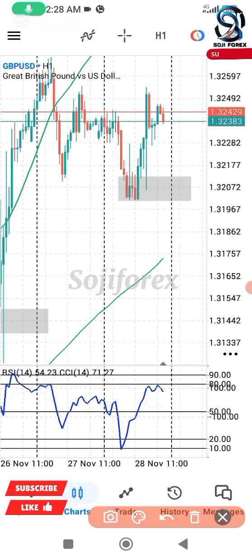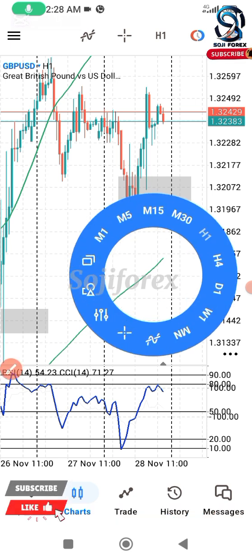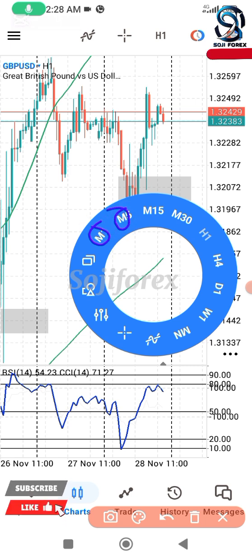All of these are similar and common to every trader. We have the 1 minute, the 5 minute, the 15 minute, 30, 1 hour, 4 hour, daily, weekly, and monthly. So these time frames are common to all traders.